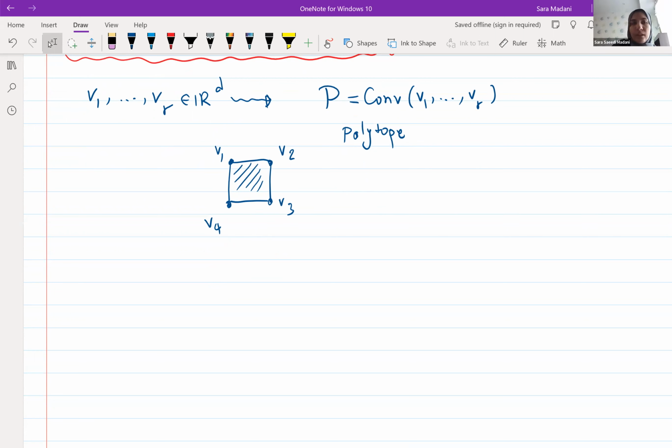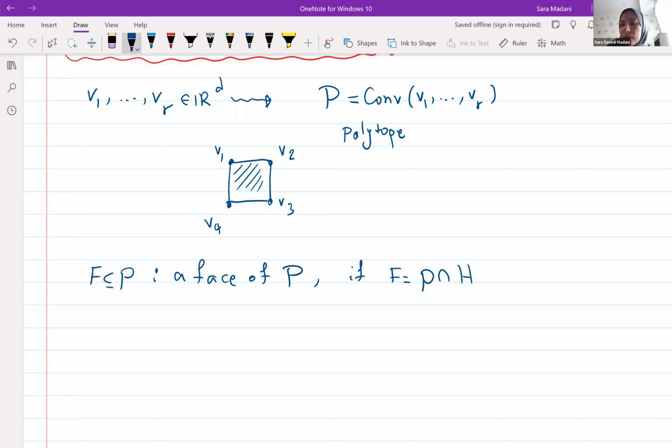But before that, I need something about faces also. In general, a subset F of P, our polytope, is called a face of P if we can see F as the intersection of P with some hyperplane H, where this hyperplane is a supporting hyperplane.